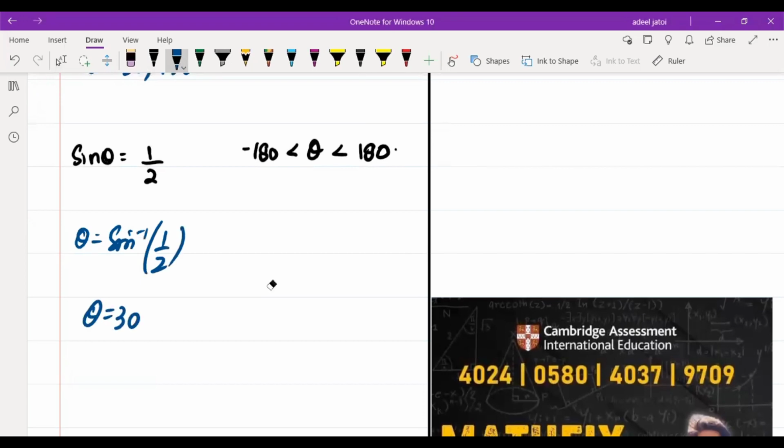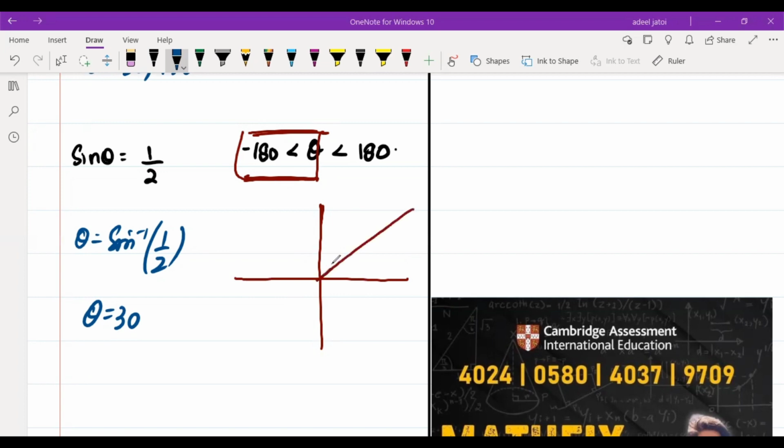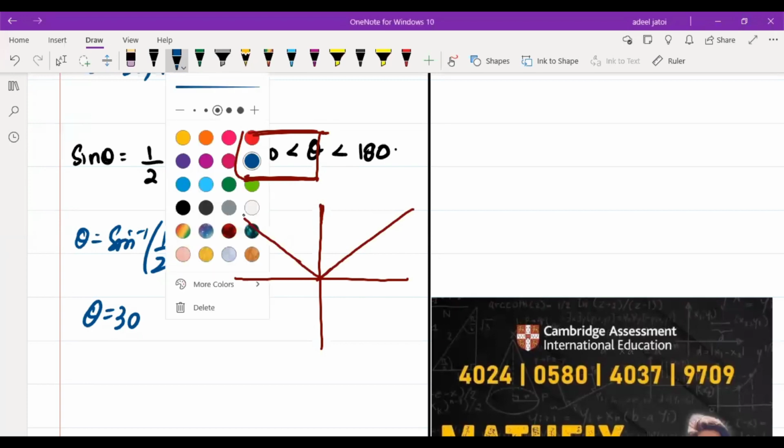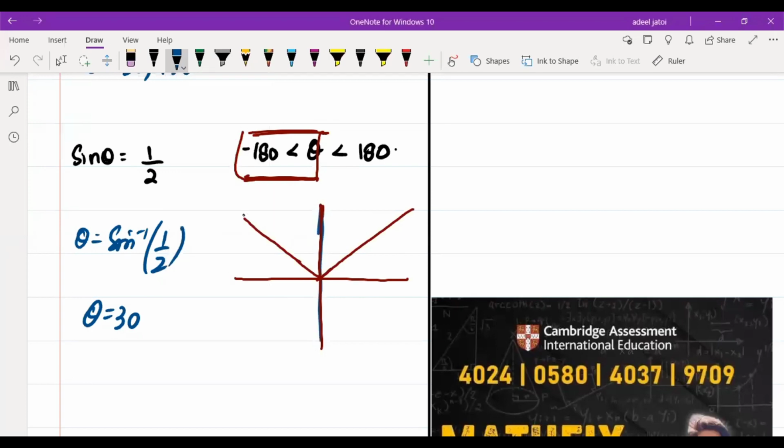So as I said, we have this negative domain, and if we create our axis, we know that positive sine is in the first and the second quadrant. So we can directly write 30 as the basic angle, and this will be 30 as well.